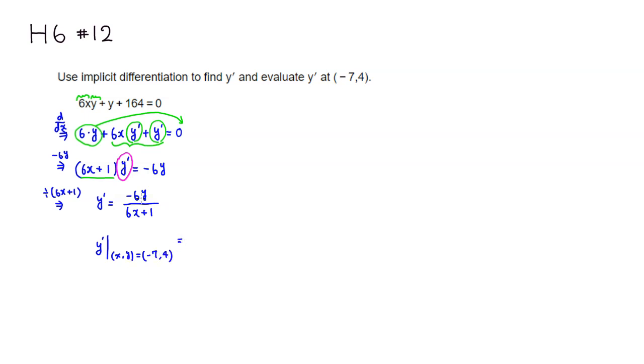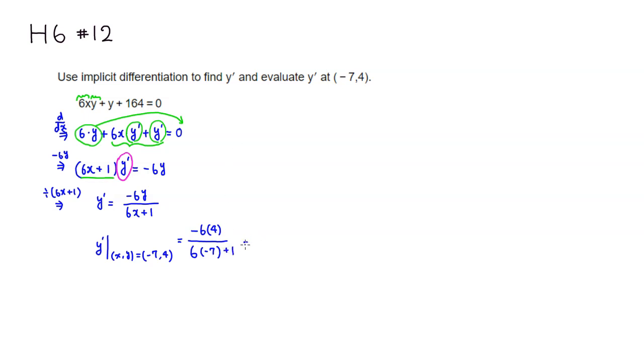If you see y, you put 4 in it. So it's -6 times 4 on top, and there's a 6 there, and we plug in x, which is -7, plus 1.